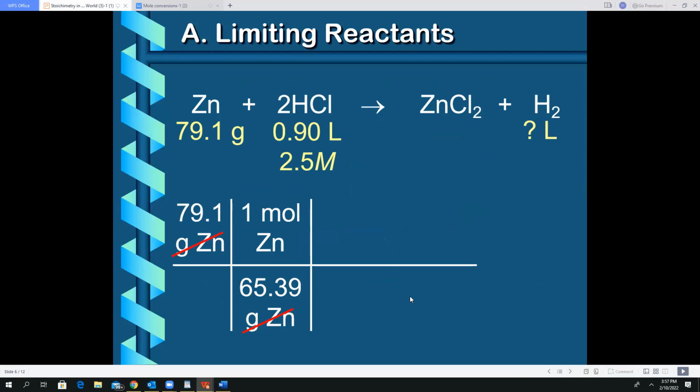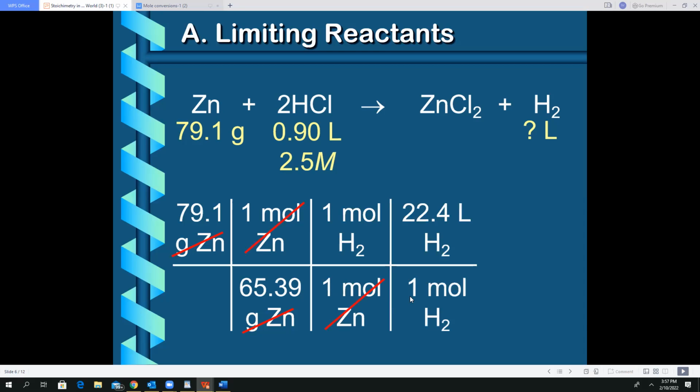All right, so far we're just converting the grams of zinc to moles because we can't use anything else but moles in these kind of calculations. So we use the mole ratio from the equation. Then we have just converted to moles of hydrogen. Once we do that, now we need to convert to liters of hydrogen, right? And that gives us how many liters.